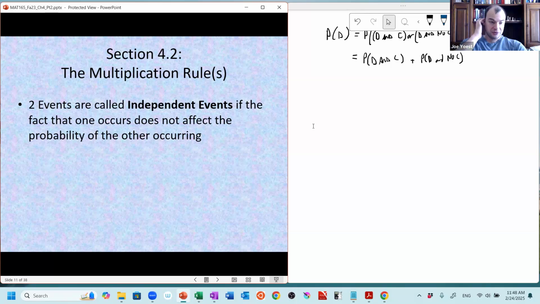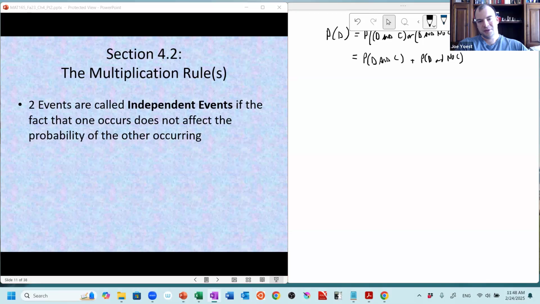Okay, so moving on to section 4.2, the multiplication rule. Just like the addition rule, we need a little bit of nomenclature first. We have this idea of independent events. So let's draw a little schematic over here.